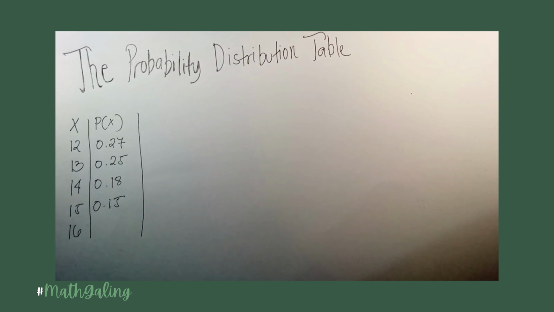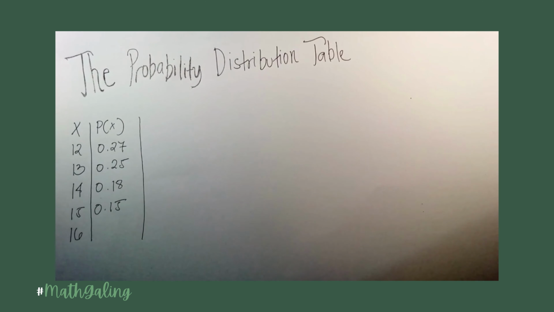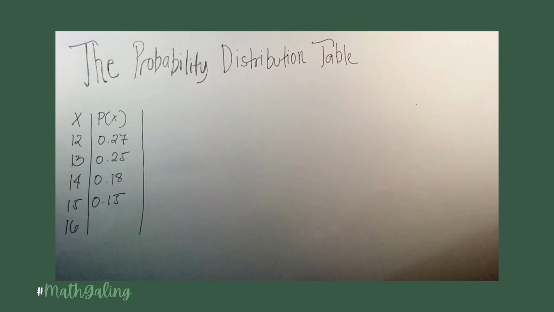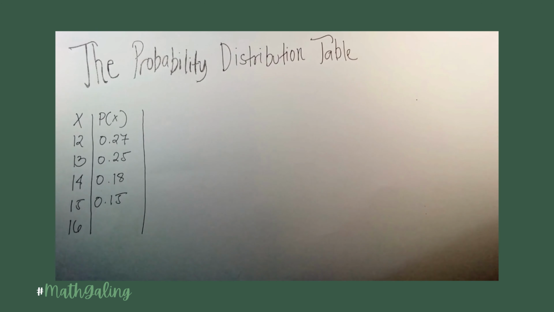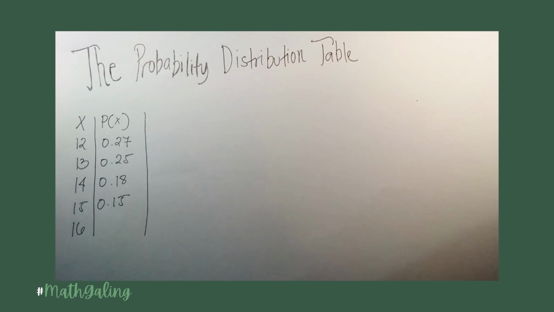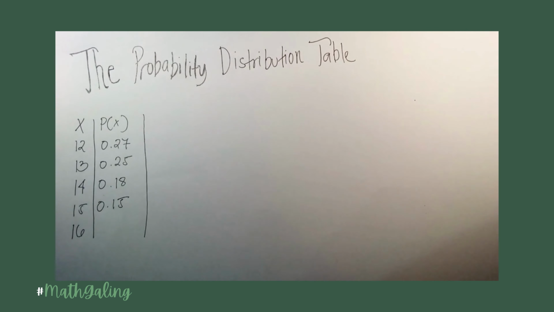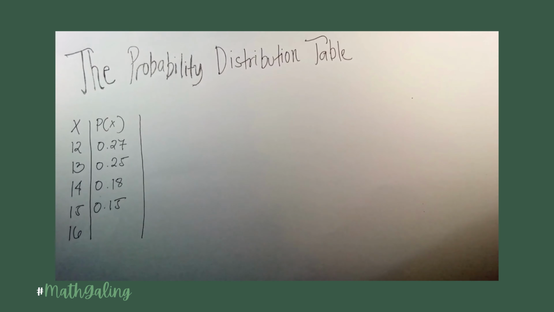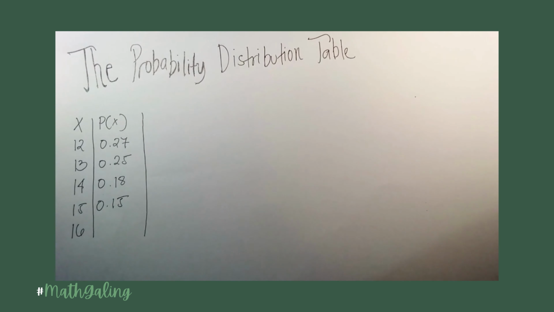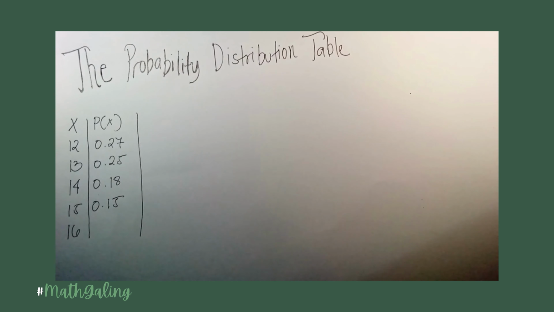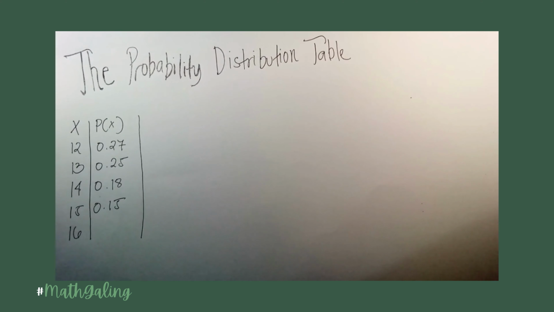If you notice, there is a missing probability in this distribution table. Let us always remember that the sum of all these probabilities should be equal to 1. In other words, if one probability is unknown, let us just add all the given probabilities.